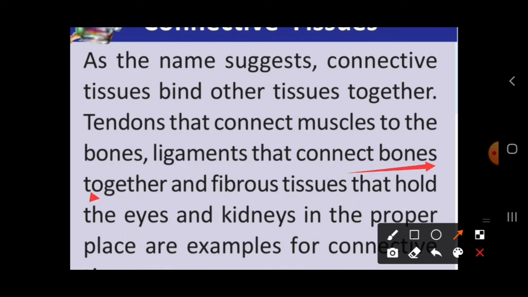Fibrous tissue holds the eye and kidney in the proper place. Now three came: tendons, then second one ligaments, third one who? Fibrous tissue. Their functions we discussed.